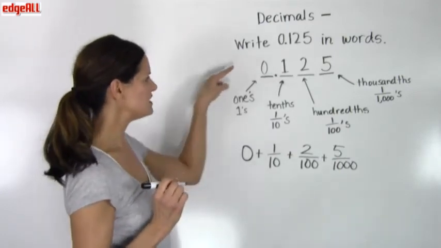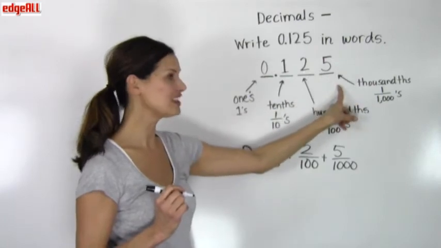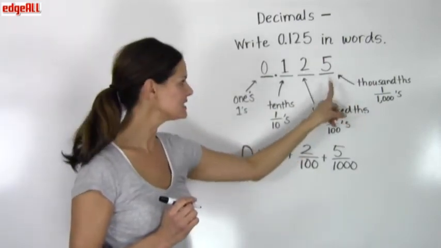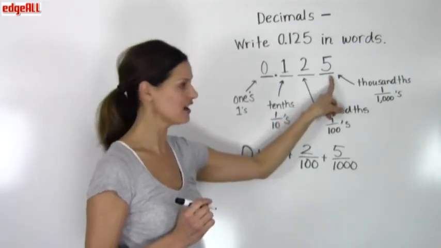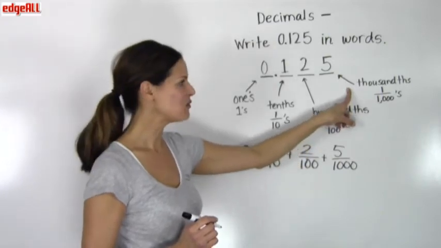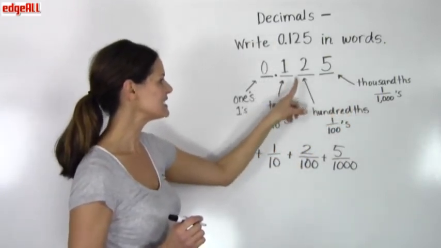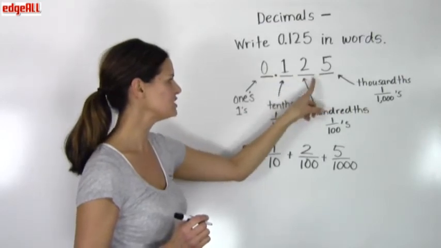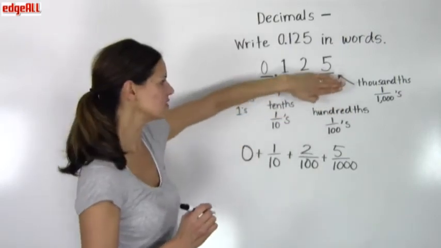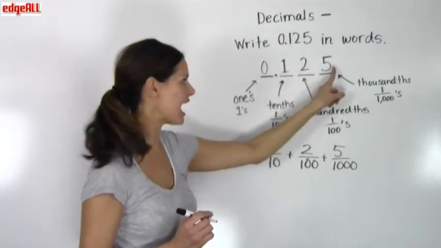Decimals are read a little bit differently than whole numbers. What we do with decimals is focus just on the smallest decimal place. In this case, I'm going to focus on my 5 here, which is in my thousandths place. We read the complete decimal number, the 125, as a whole number. If this was a whole number, I would say 125.